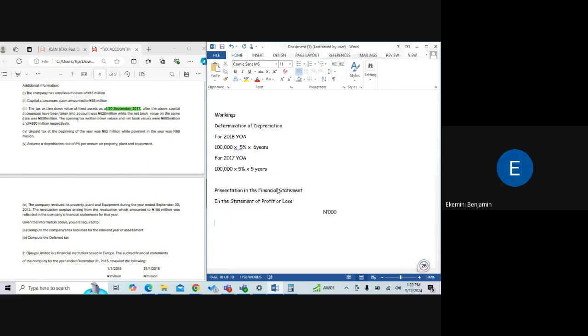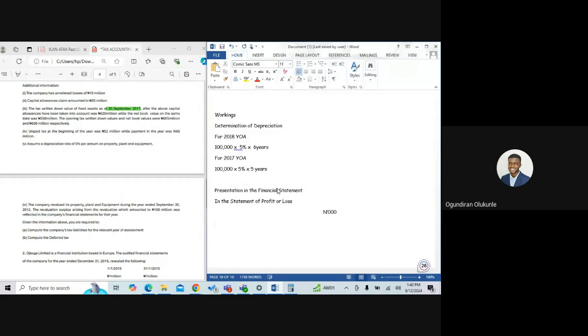So in the statement of profit or loss, it will contain basically your current tax and your deferred tax asset for the year. Only the provisions for the year will be in the statement of profit or loss, right? So now let me say that.